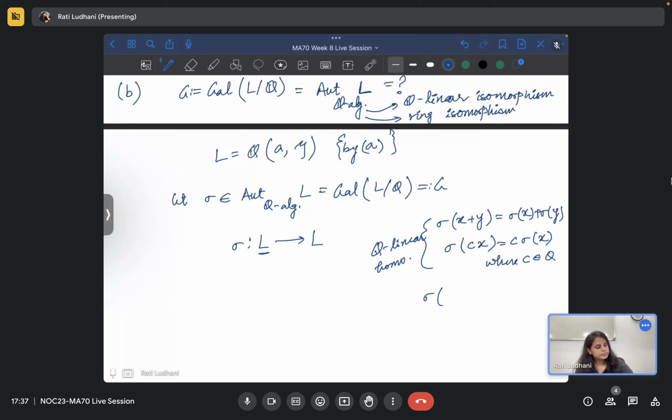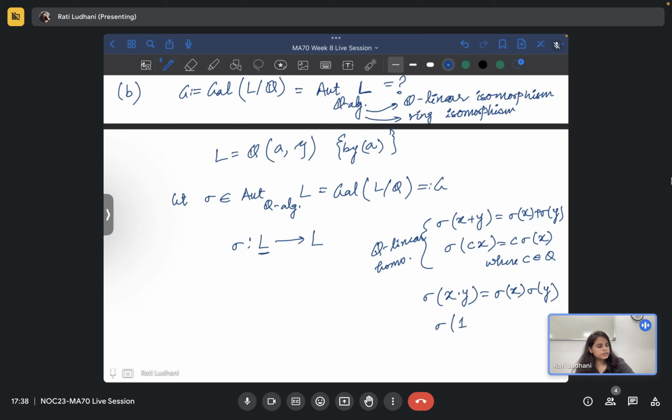And second, if you take x times y, that should map to sigma x times sigma y, and there is the condition that the identity should map to the identity of multiplication.